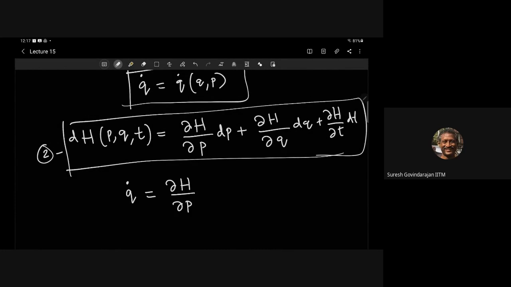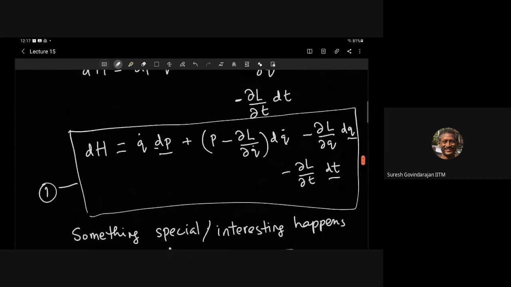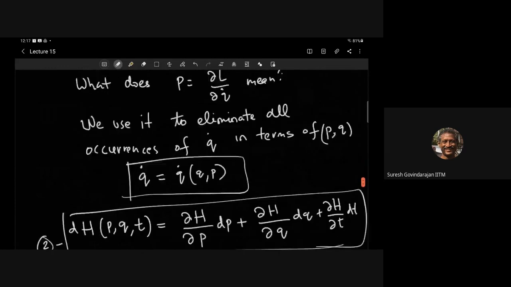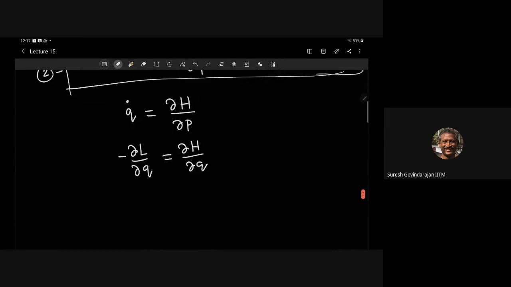Okay, and then this term drops out. Minus dL by dq equal to dh by dq, and the last one says minus dL by dt equal to dh by dt.